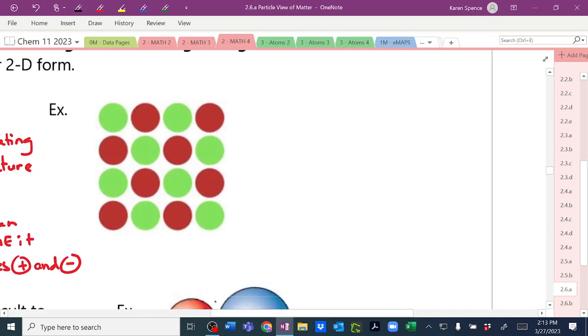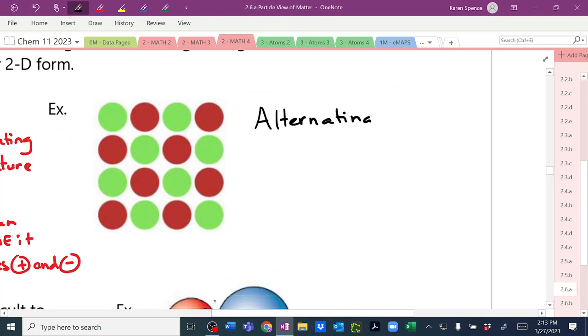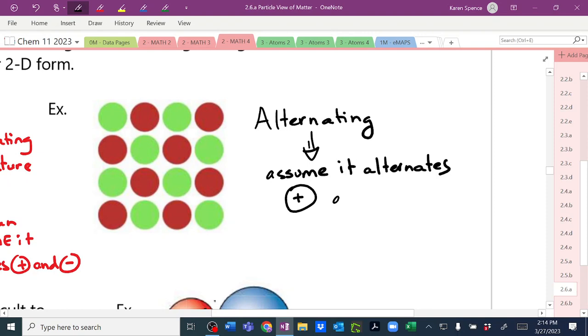Similarly, if I give you a two-dimensional thing where we have an alternating structure, therefore you can assume it alternates positive and negative. And if it alternates positive and negative, what kind of a structure do we have? An ionic crystal lattice, yes.